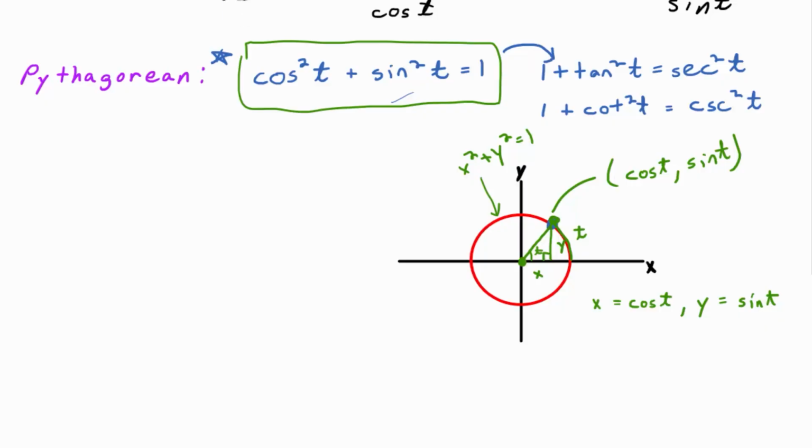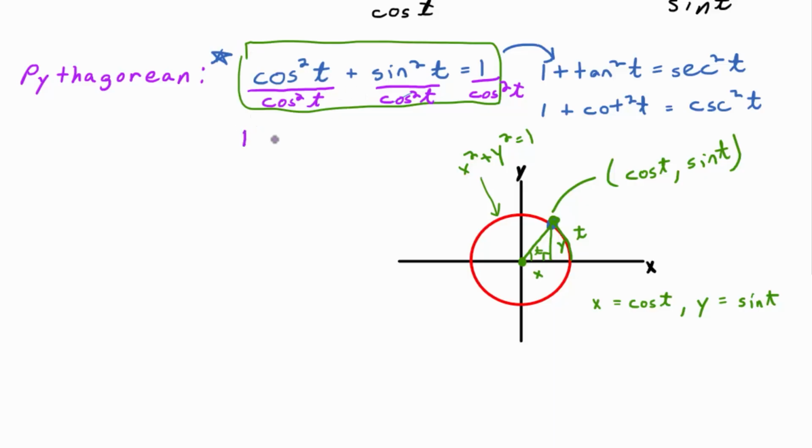So check it out. If I divide through by cosine squared, what do I get right here? Divide both sides of the equation, distribute the division to balance things out, divide both sides by cosine squared. What's that first guy? Cosine squared over cosine squared becomes 1.